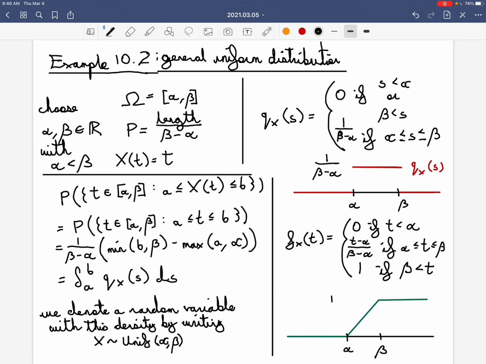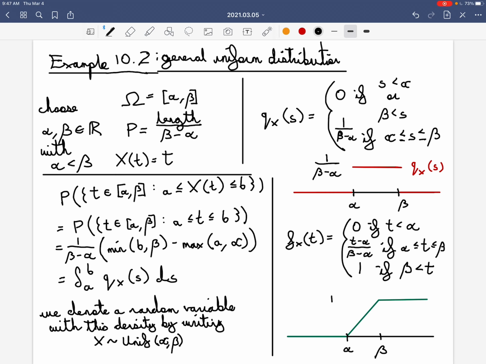So now we're going to think of a generalization of the standard uniform distribution. The generalization is that instead of focusing on the unit interval and thinking of length as our probability, we're going to think of a general interval in the real numbers from alpha to beta.